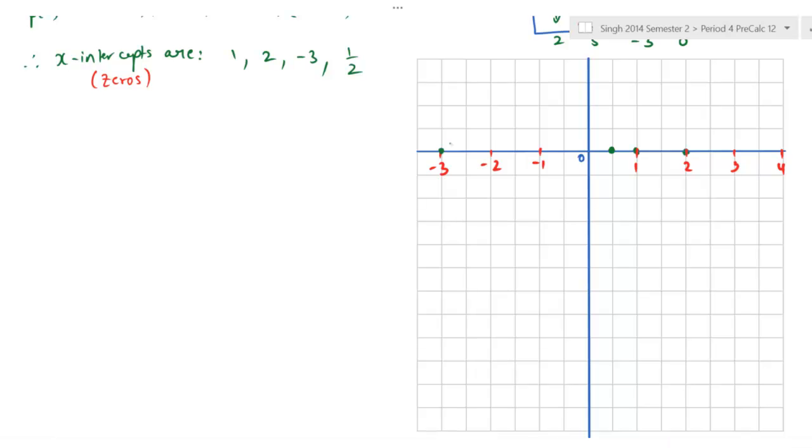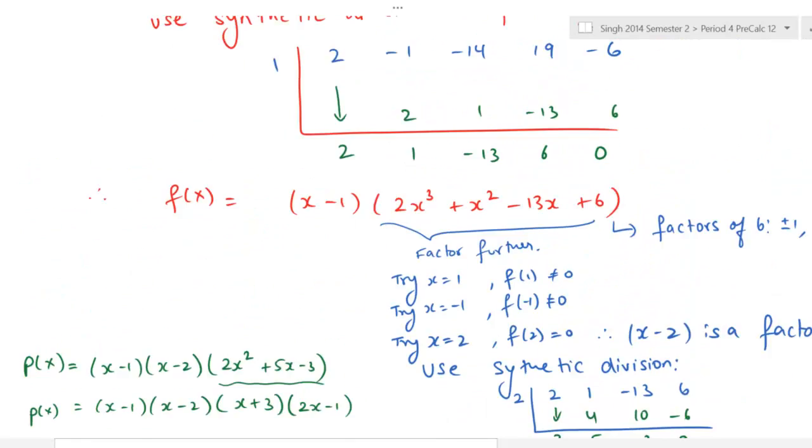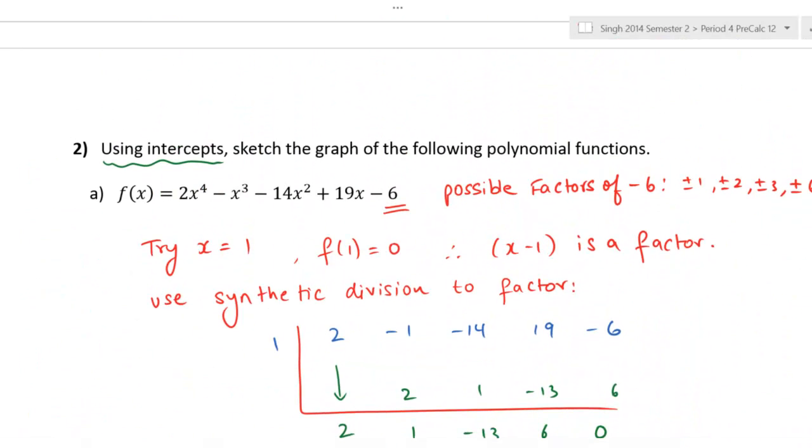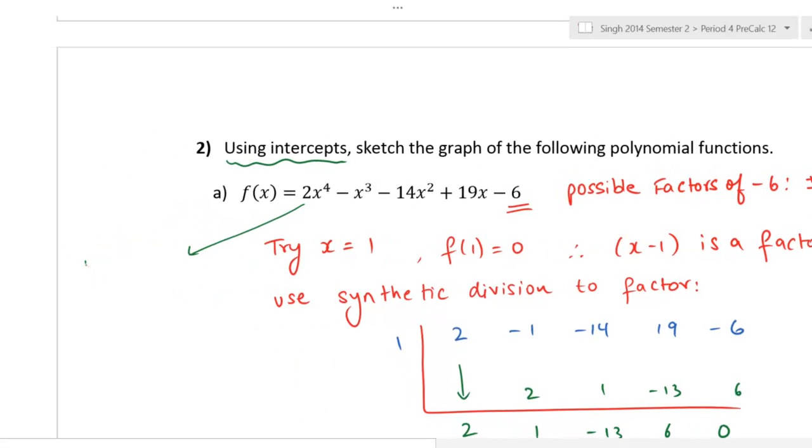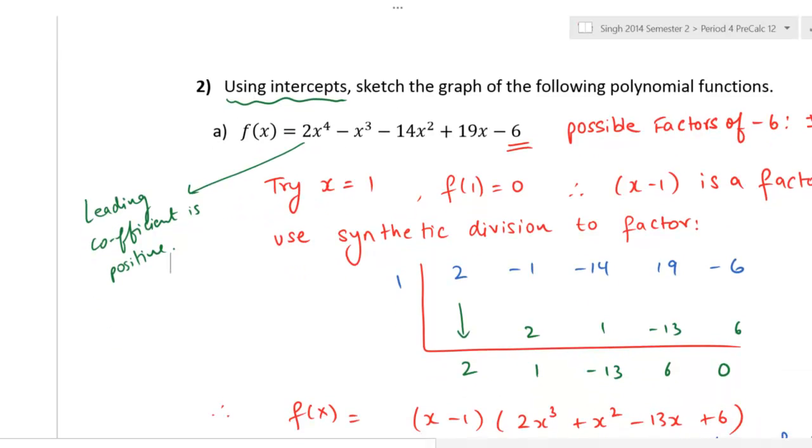Now, one of the things that I can observe is if I go back and take a look at the leading coefficient over here, I know that the leading coefficient is positive. So I know that my graph is going to be opening upwards.